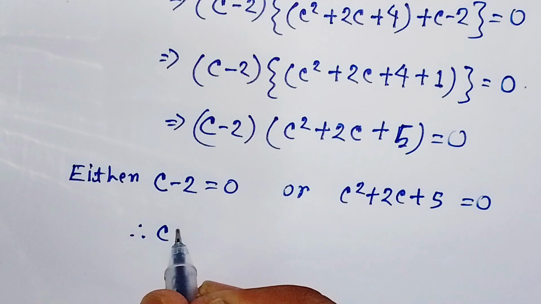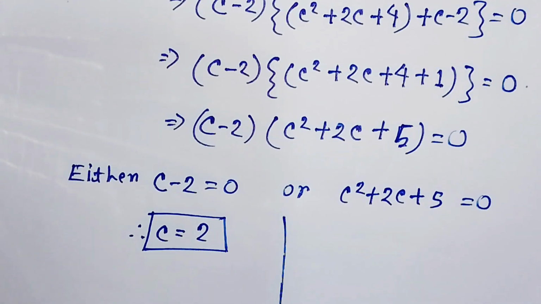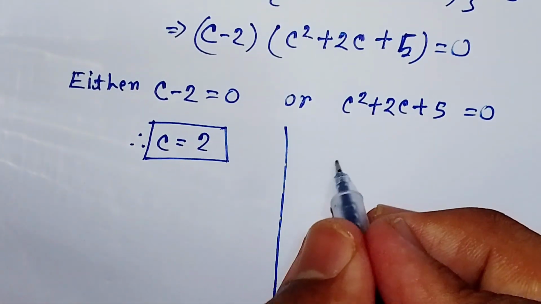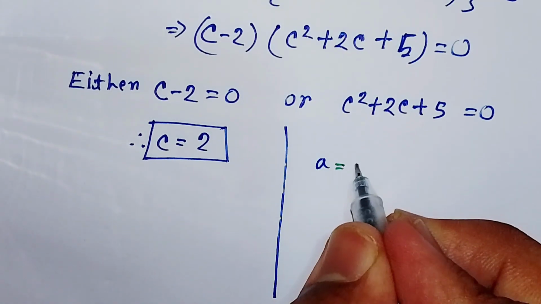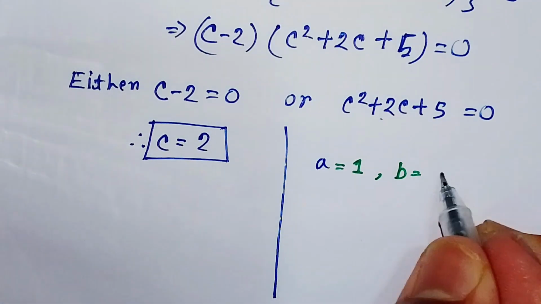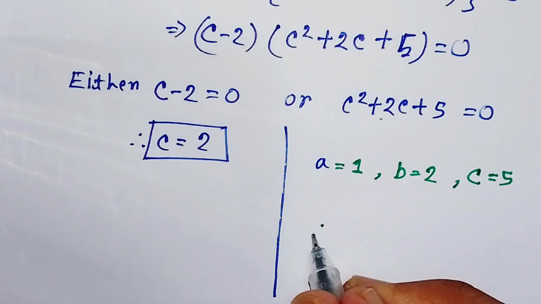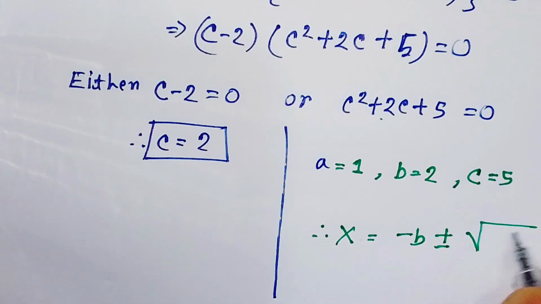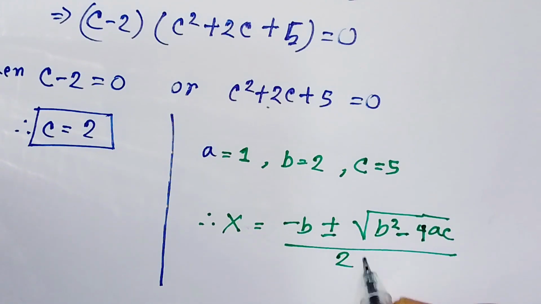So from here we can get the result for c. For this equation, we have to say a equals 1, b equals 2 and c equals 5. Then we use x equals minus b plus or minus the root of b squared minus 4ac, divided by 2a.